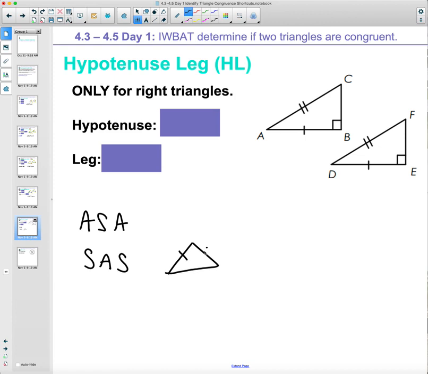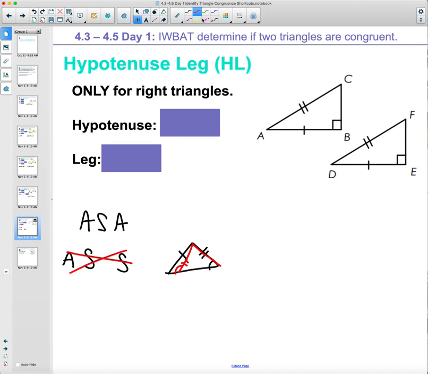So what would happen if our angle was like this and not between it? So the angle is not between. Then we would have ASS, and that actually does not work. It's not just because it's a cuss word, okay? It's actually because it doesn't work to prove that the triangles are congruent. There's another one where this side would be the same length here, and it would create a whole different triangle. So angle side side does not work.